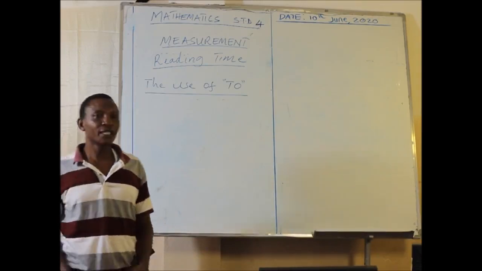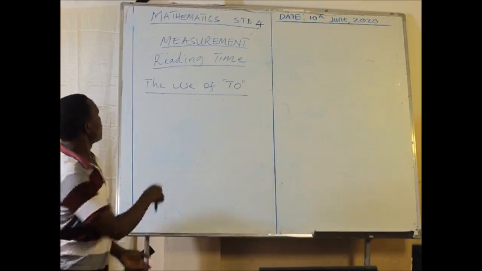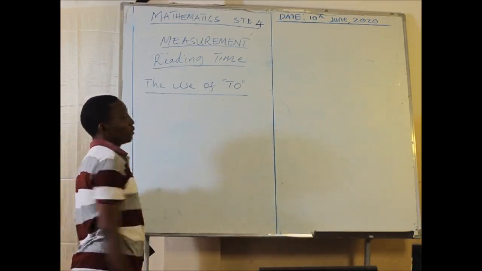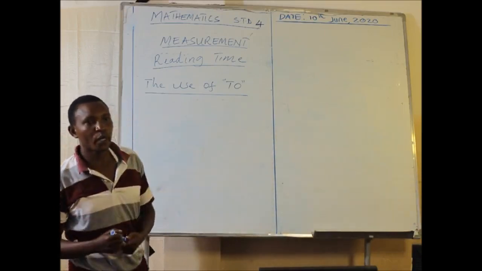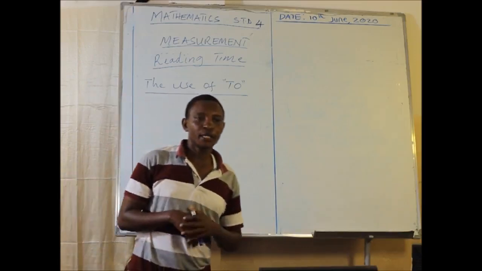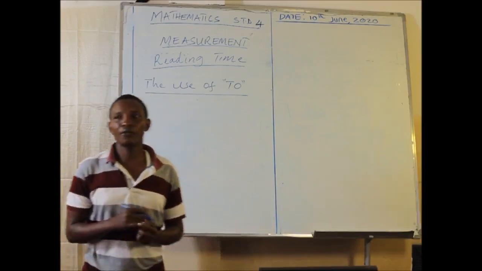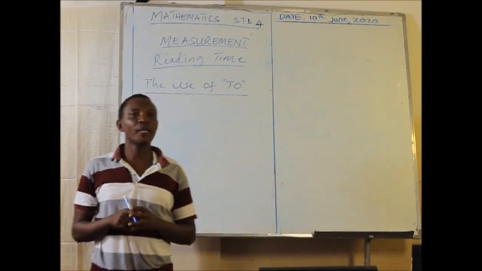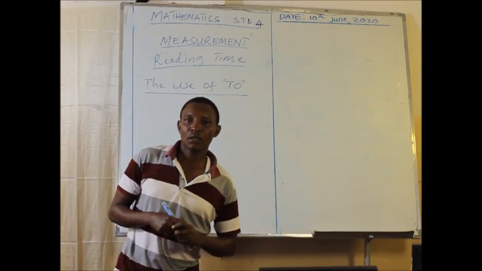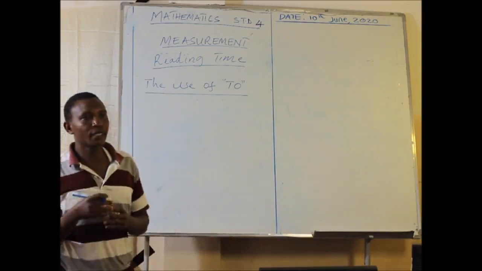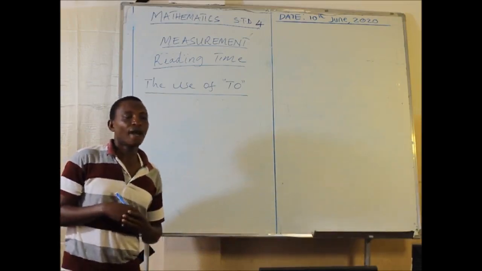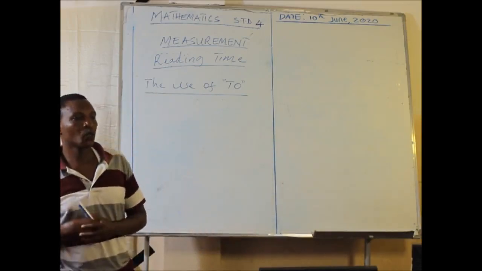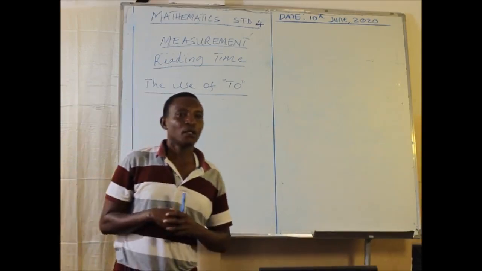But for the use of to, we need to change our minds. We have to use to by telling the remaining minutes. When you are telling the remaining minutes, it means how many minutes remain to reach the o'clock time.